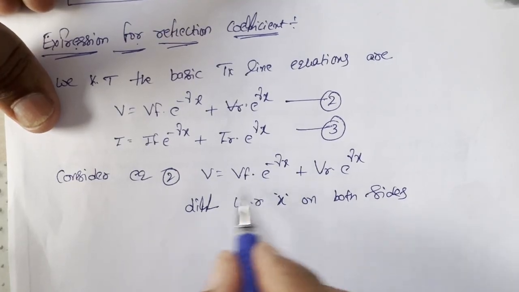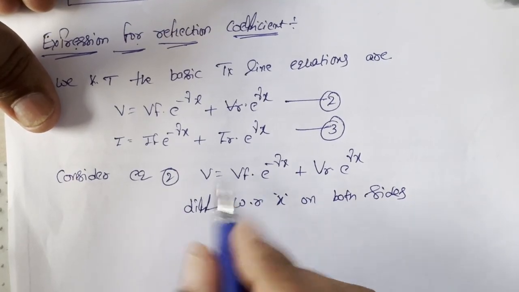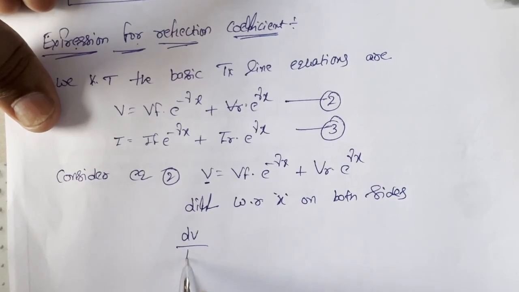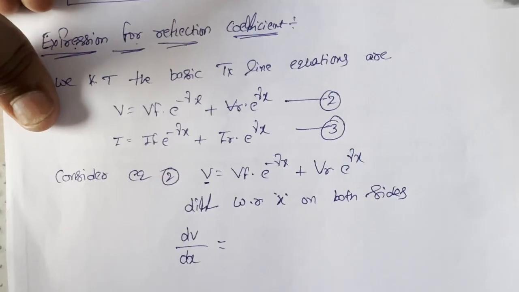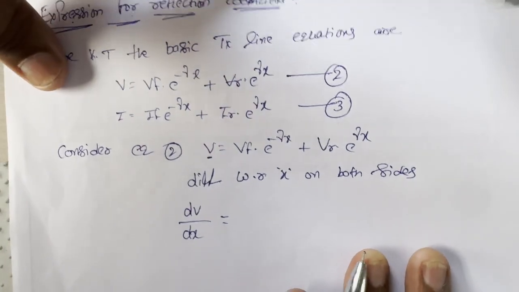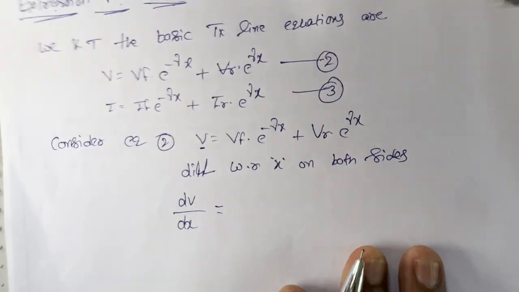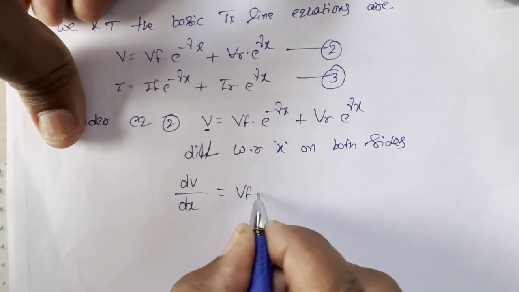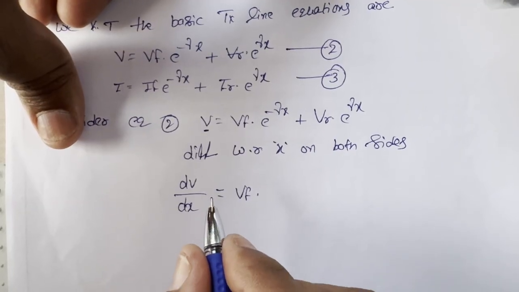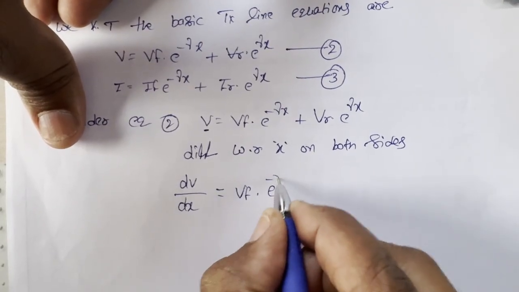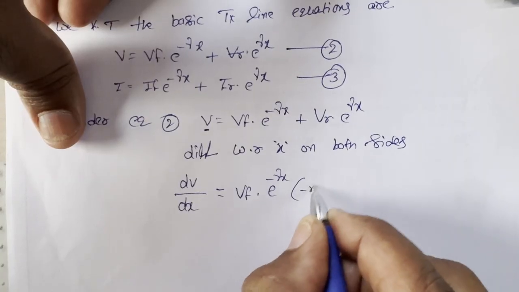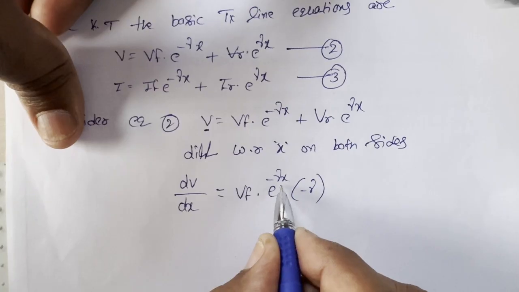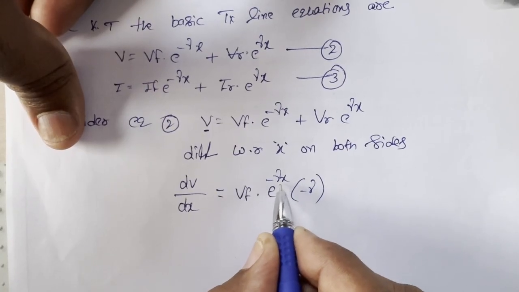By applying differentiation, dV by dx equals, since Vf is an arbitrary constant, Vf into e power minus gamma x into minus gamma. Here we are differentiating with respect to x, and the multiplicand for x is minus gamma.